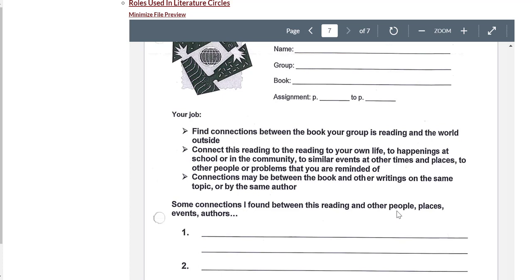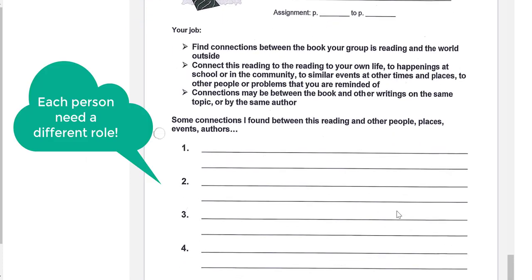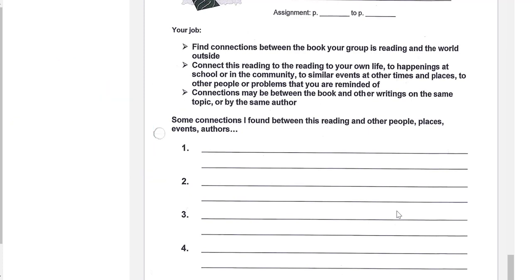Literature circles start next week in week 5, and you will meet twice in week 5, and you need to complete a role for each one of those meetings. I would do the same role for both meetings. So in week 5, you might be the discussion director for both meetings, and then in week 6, you have 2 meetings, and you might want to switch and be the connector for week 6.